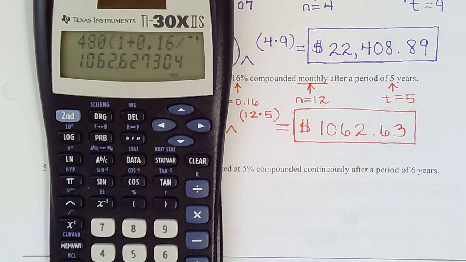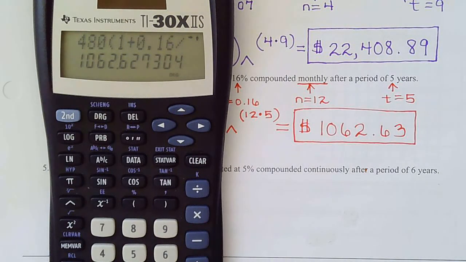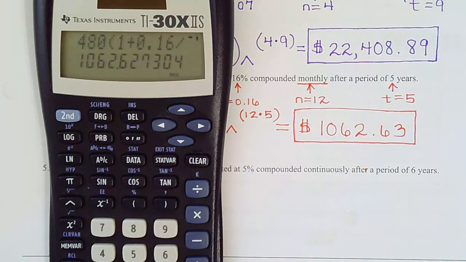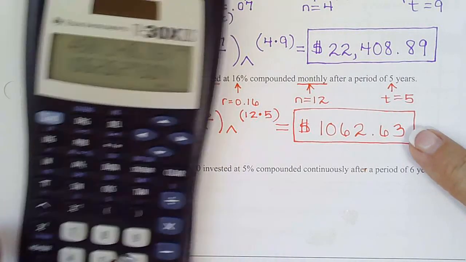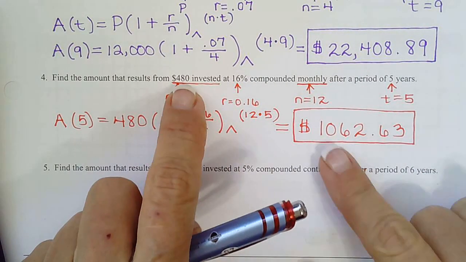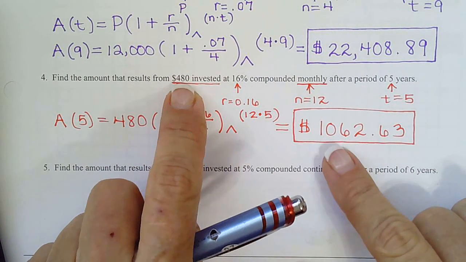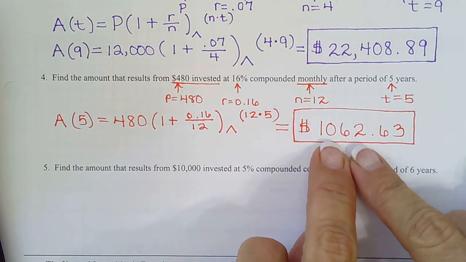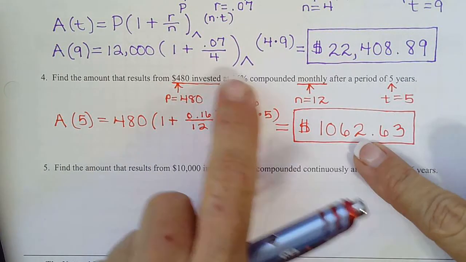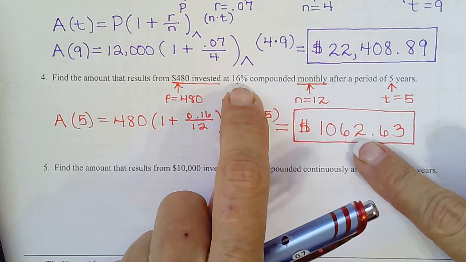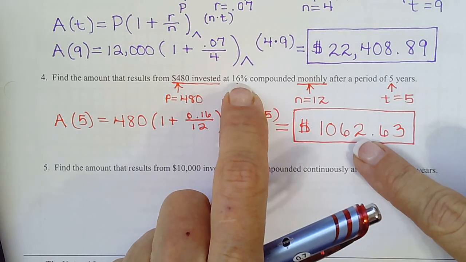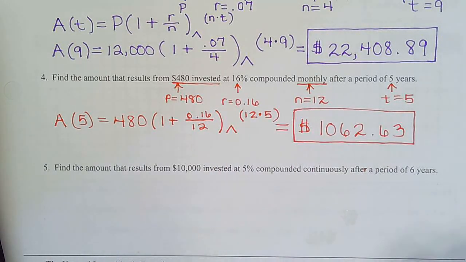Okay, 1 second. Sorry, I thought something turned on. And let's see if that makes sense. 480 doubled is 960, so it's a little more than doubled in 5 years. That's a pretty high interest rate, so yes, that makes sense.